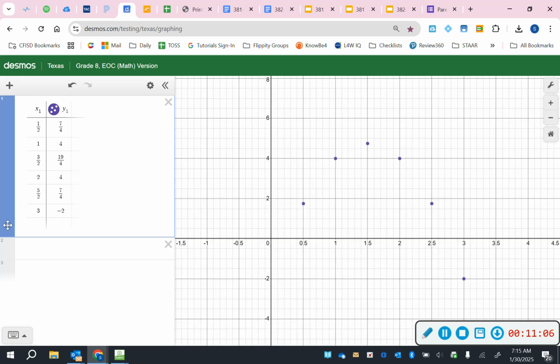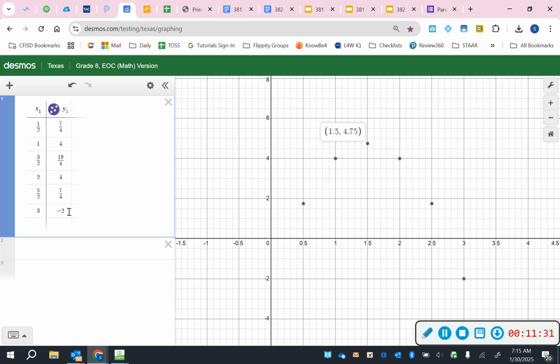It wants to know our range. Range is bottom to top. Well, first of all, I do know I have a maximum. I have a highest point. My maximum point right here is at 1.5, 4.75, which in this case is our vertex. Remember, vertex is the only one that doesn't have a symmetrical pair. It's the middle of all your pairs. So see 4 and 4, 7 over 4 is 7 over 4.